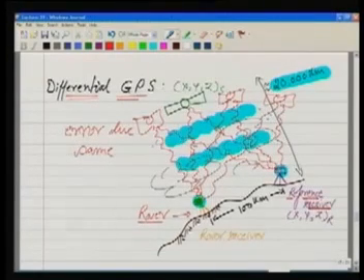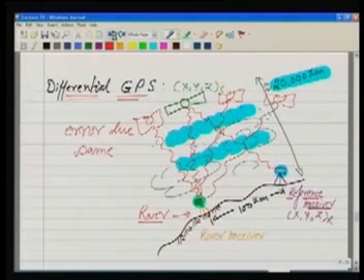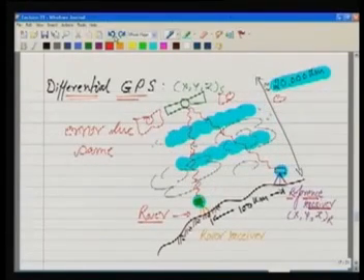So whatever is the error because of the satellite clock and navigation data, that is also same at these two locations. These two locations means the location of the receiver and the location of the rover. So both of these are same. Now, how do we make use of this?